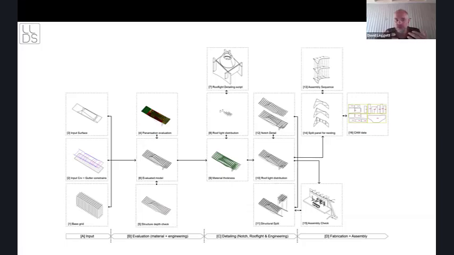Now, all of the roof beam components were fully modeled using Rhino and Grasshopper. So it became parametric. We found that this was the easiest and quickest way to do adjustments to the model as the design developed. So as we got feedback from the engineer who said, you know, you need to make them 300 mil deep in places, then we could just adjust the model.